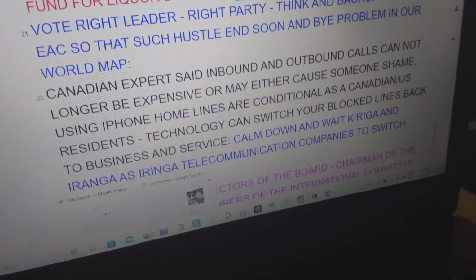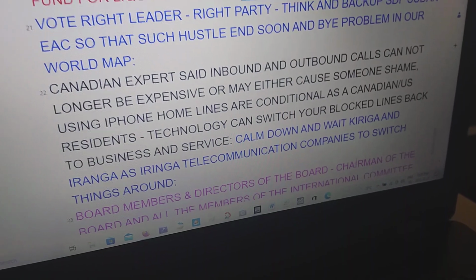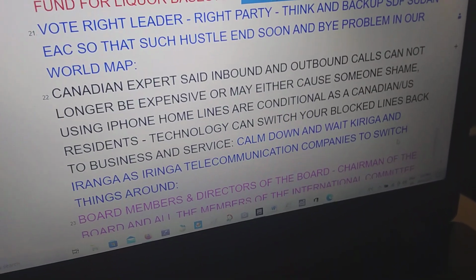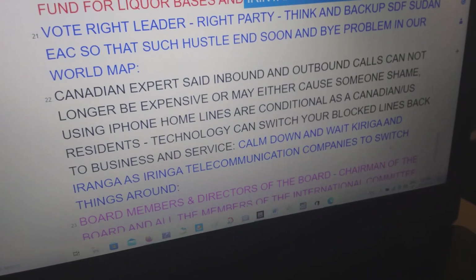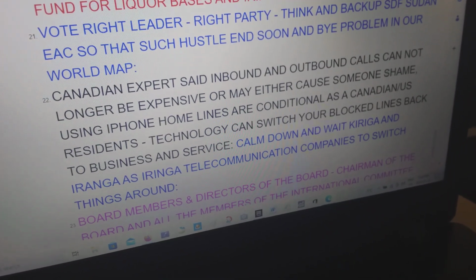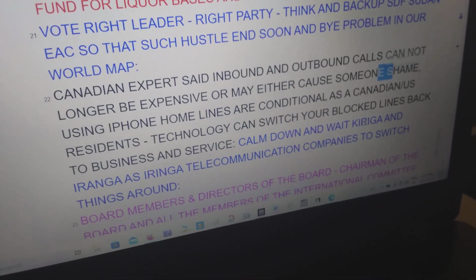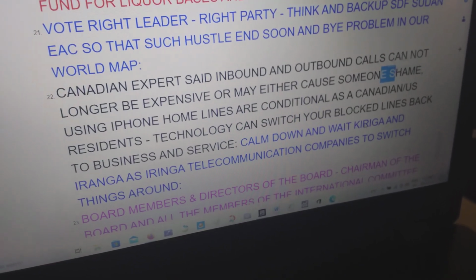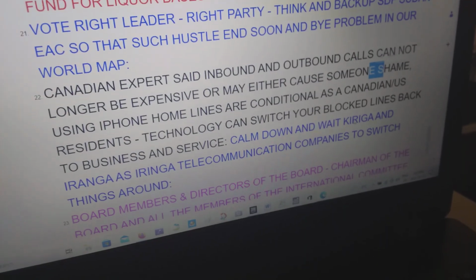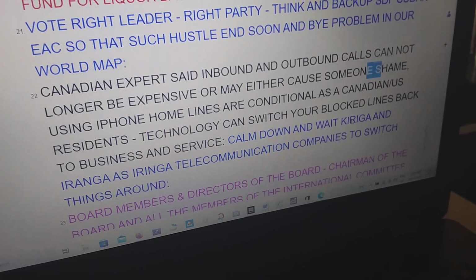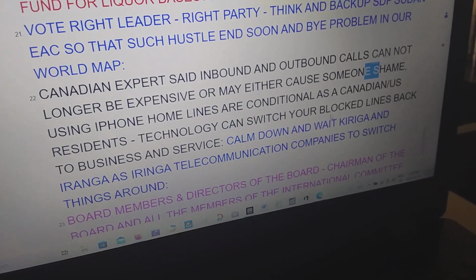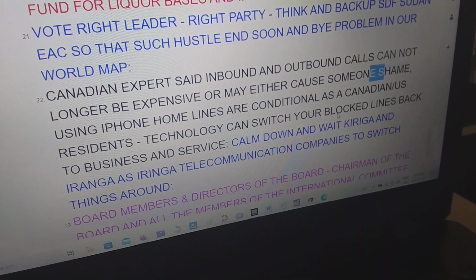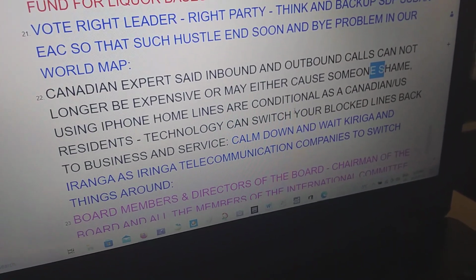Current experts say inbound and outbound calls can no longer be expensive and may cause a solution. Using iPhone home lines is conditional as Canadians or USA residents. Technologies can switch your block lines back to business and services for hands.